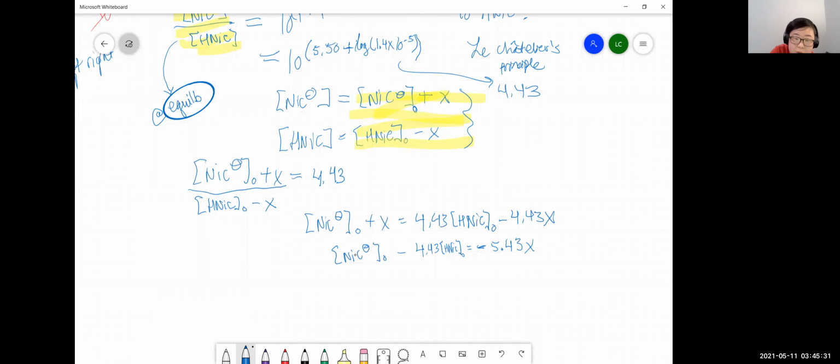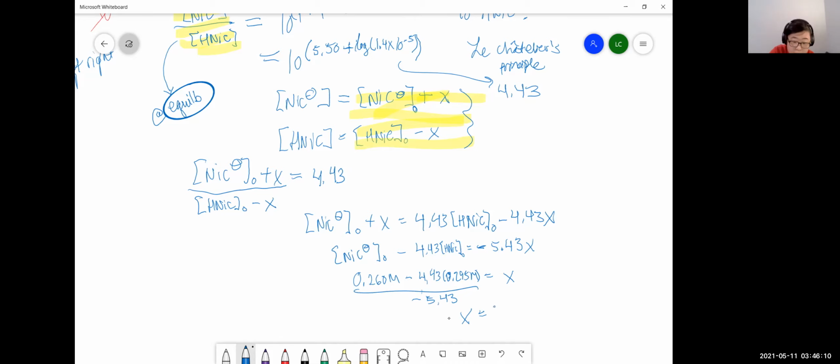So remember the Nic minus was 0.260 molar minus 4.43 times 0.295 molar equals negative 5.43 X, or all divided by 5.43 would equal X. So X equals, so let's see if we can do this, 0.260 minus that, divided by 5.43, sorry, there should be a negative right here too.